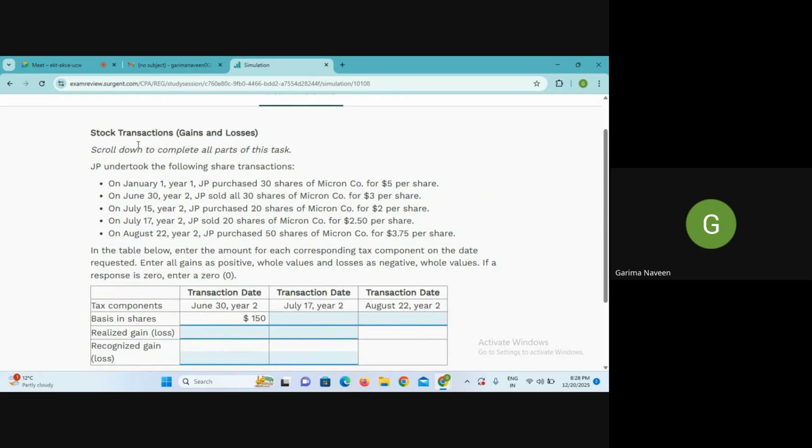This question looks simple, but it is actually confusing. That's why I have taken this simulation for today.